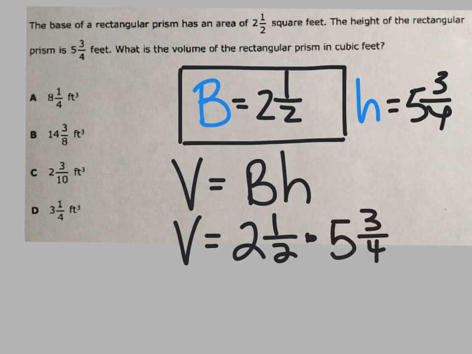Once again, I have options. I can change 2.5 to 2.5 and 5 3/4 to 5.75. 3/4 would be 0.75.